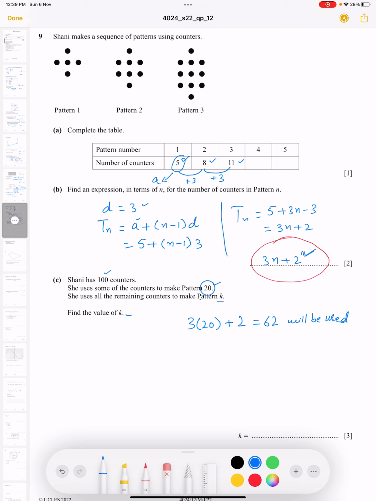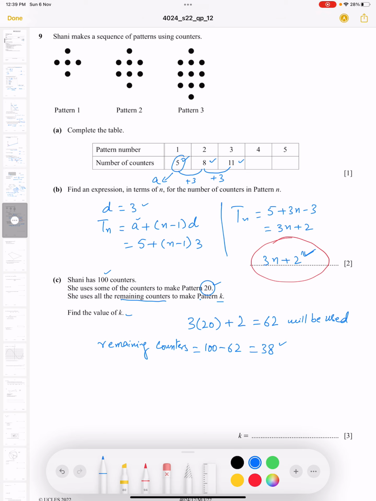Now we have to make another pattern by using the remaining counters. As she initially had 100, the remaining counters are 100 minus 62, that's 38. So let's see which pattern number will be formed by using 38 counters.